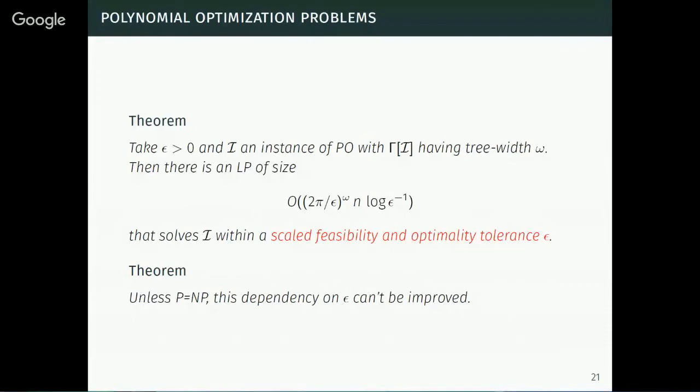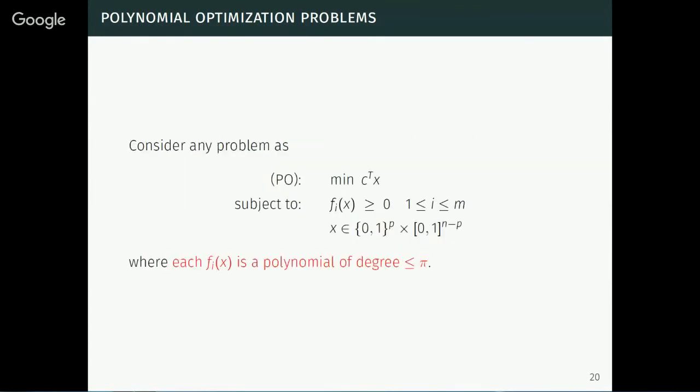What does it mean to solve the problem within a scale? What it means is that you will get a solution that will satisfy, instead of having fi greater or equal than 0, greater or equal than minus epsilon times the norm of the coefficients of that polynomial. And you can actually prove that you need that as well.